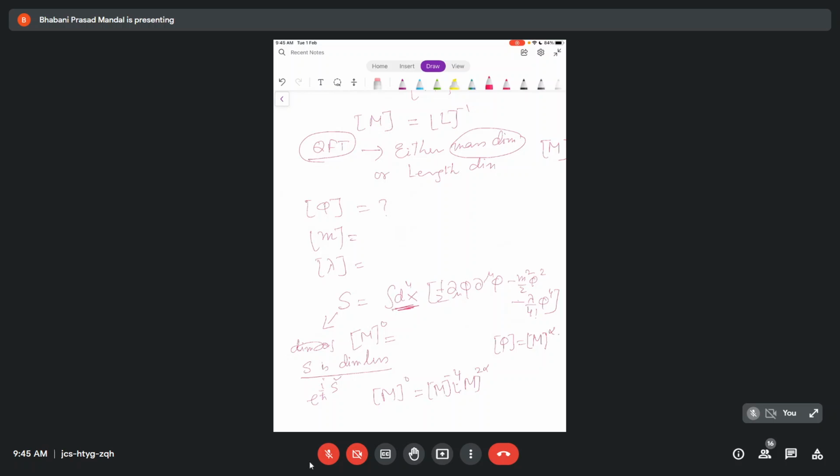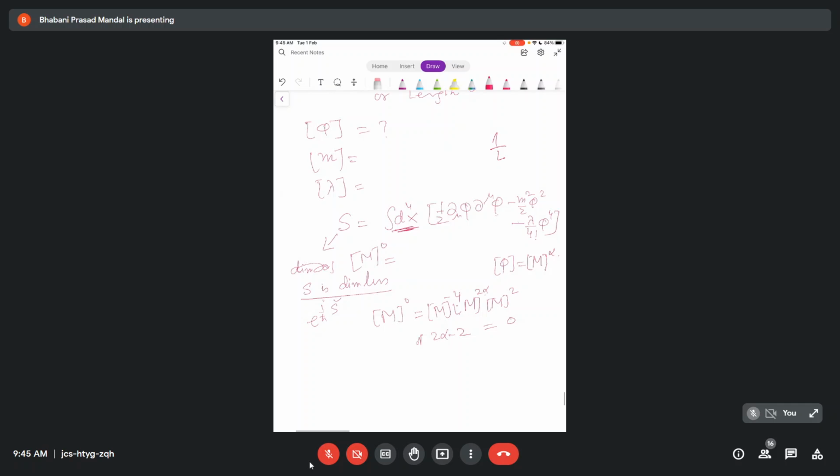And there are derivatives, and a derivative means 1 over length, so that gives mass dimension to the power 2 for the derivative in this term. So you find m^(2 alpha - 4 + 2), that is, 2 alpha minus 2, and the right hand side is 0. So alpha equal to 1.